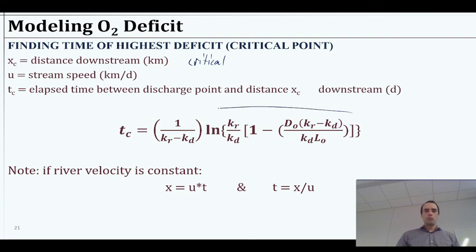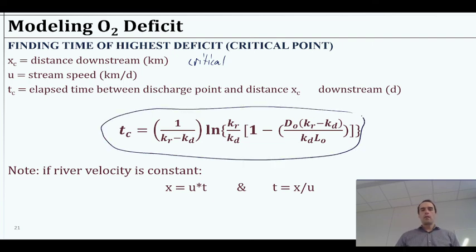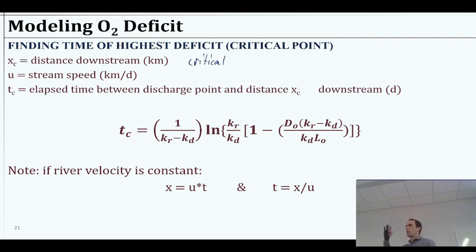Okay, so equations then basically here to describe that whole system where we have the rate of substrate decreasing, therefore the rate of deoxygenation starts high, ends low. Rate of reaeration depends on how much oxygen is missing, and we can get a nice estimation of what happens downstream using all of that.